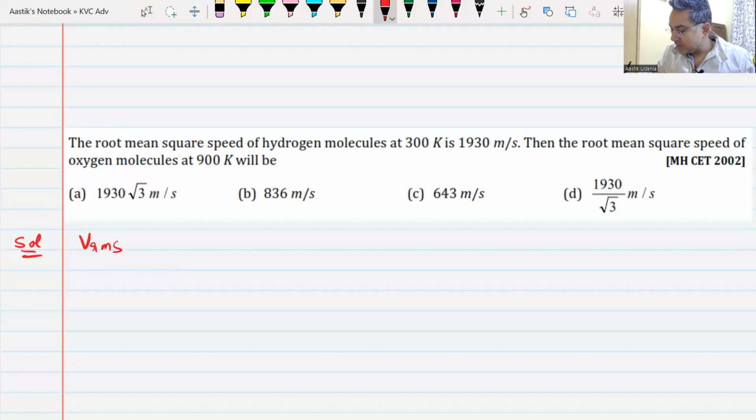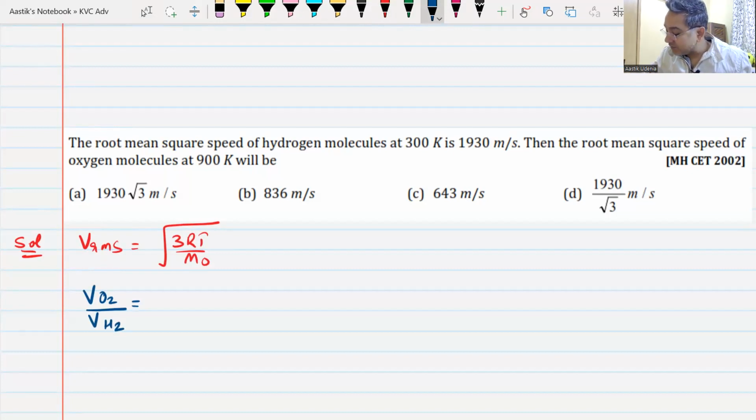The RMS velocity of any gas molecule is root over 3RT by molecular mass of the gas. So it is directly proportional to root T and inversely proportional to root M naught. We have to find the RMS velocity of oxygen at 900 Kelvin, divided by velocity of hydrogen at 300 Kelvin.